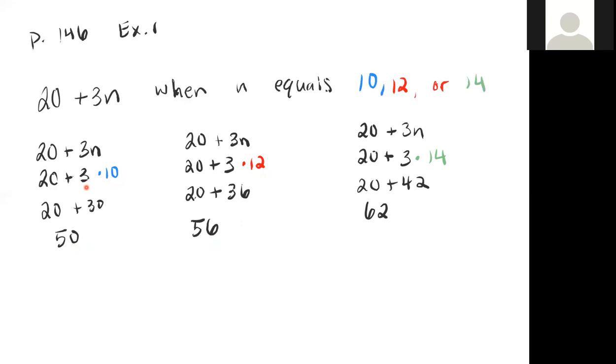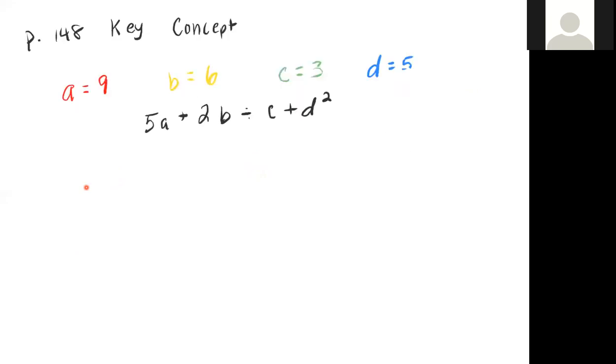All right, with that in mind, let's try the key concept at the top of page 148. We've got our values for our variables. A is 9, B is 6, C is 3, and D is 5. And we've got my expression here, 5A plus 2B divided by C plus D squared. Our first step that it tells us to do is to replace each variable with its specific value.